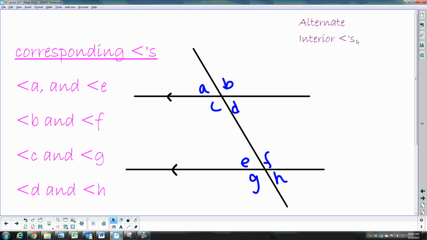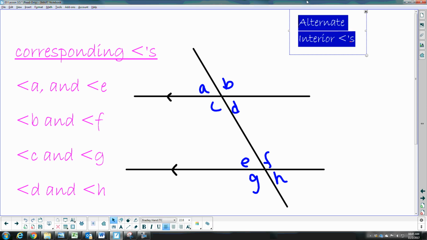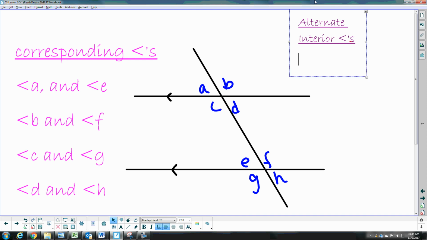So let's look at some alternate interior angles. So we're focusing on angles that are on the interior of these parallel lines. So that's C, D, E, and F. Those are our interior angles. So the alternate interior angles are interior angles that are on alternate sides of the transversal.